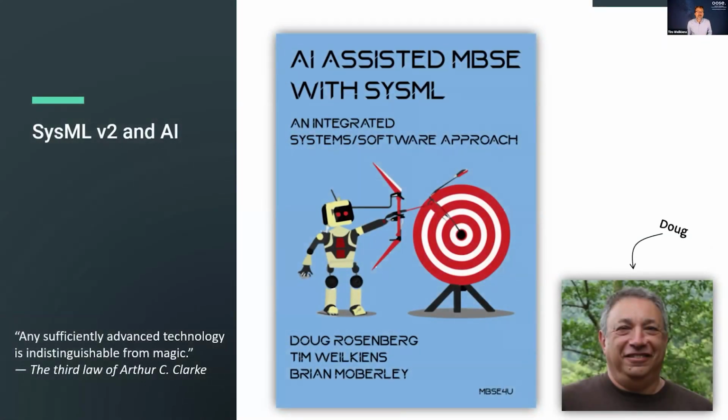I wrote a book together with Doug Rosenberg and Brian Moberly about AI-assisted MBSE with SysML. Doug contacted me, I think, two years ago and said, well, that's a big thing, let's write a book about it. So it's mainly Doug's book, and I supported the SysML part. The book describes how to use AI assistants to effectively develop systems so you get quick results, fast feedback, and so on.